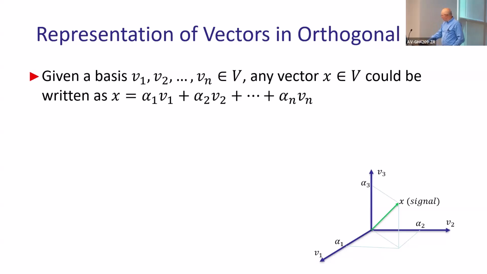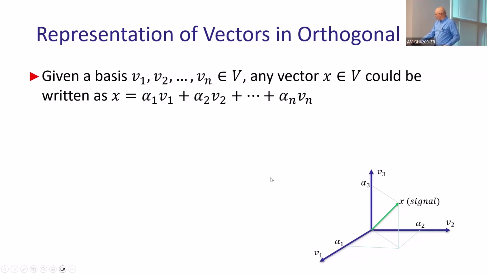If you think about three-dimensional space, it will be some vector x, which we will call the signal, and it could even be an infinitely dimensional space if it is a continuous function, for example. It can have an infinite number of coordinates, which is like all the dots on the curve. Then you practically want to find all of these coordinates alpha 1, alpha 2, alpha 3, which are just the coefficients in that expansion of the vector in that particular basis.